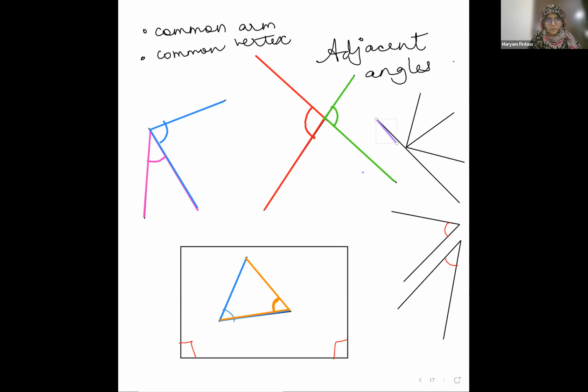I'm making it really thick so that you can easily see it.